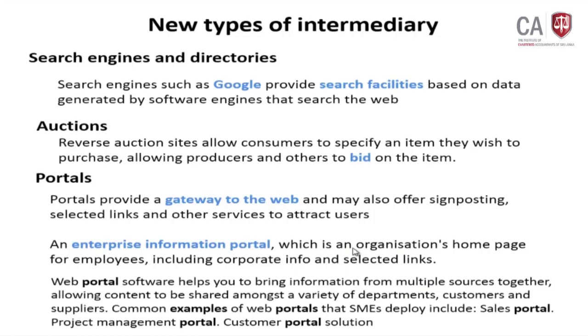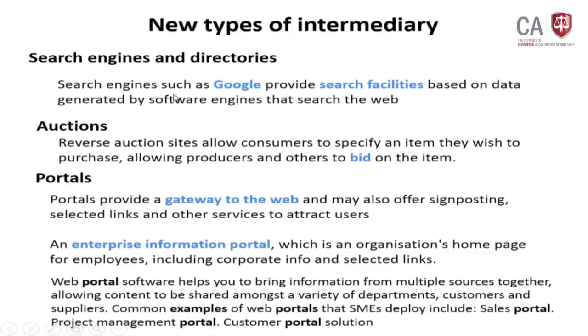New types of intermediary. Search engines and directories. There are search engines such as Google. In some organization websites, they have given a small place where you can search. When you search there, it goes to Google. There are also directories that direct you to search.